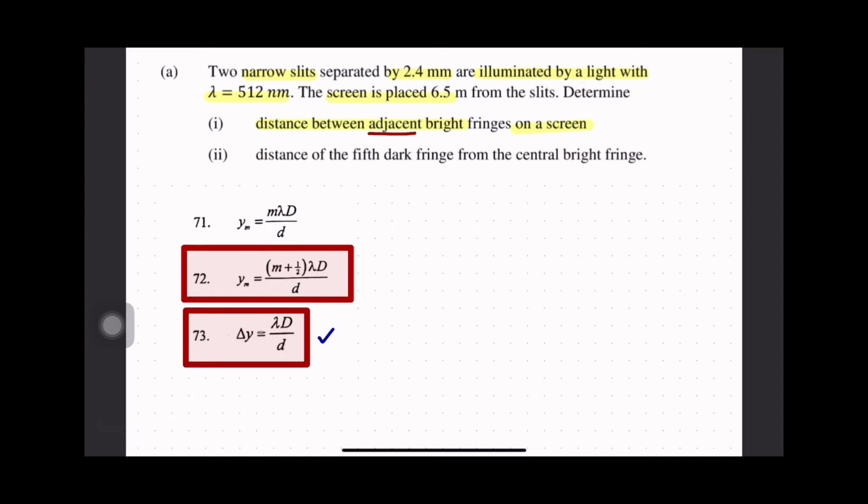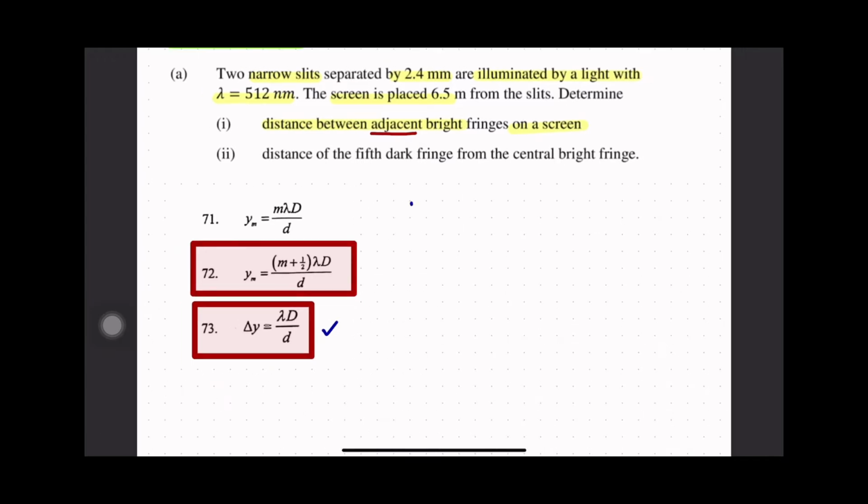Okay, so kita nak cari distance between adjacent. So that adalah delta y. Question 1. Delta y is equal to lambda D over d.